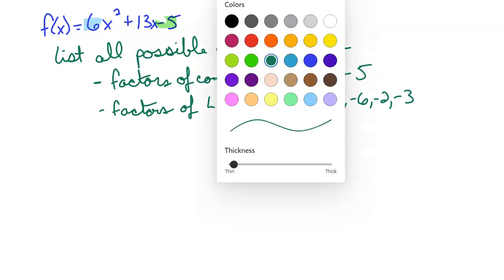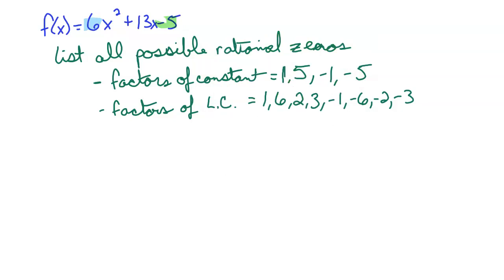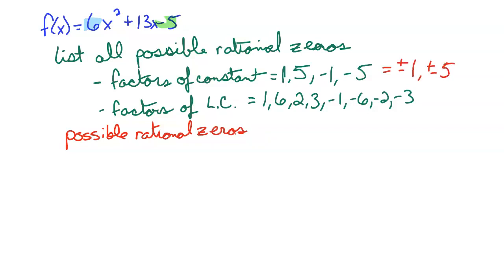Now, to find my list of possible rational zeros, since I have positives and negatives, I could list these out as +1, +5. I could list these out as +1, and I'm going to put these in order to make it a little bit nicer, +2, +3 and a +6.